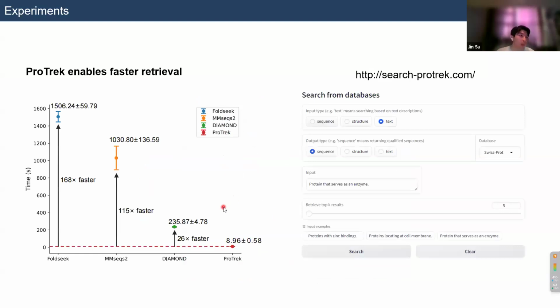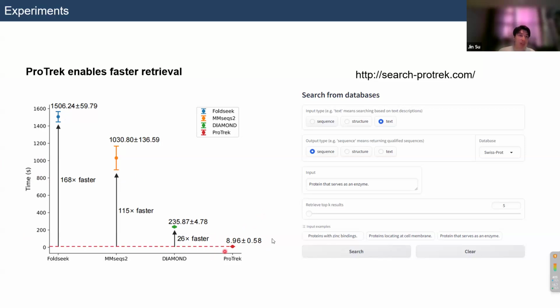ProTrek does retrieval based on embedding calculation. This strategy enables ProTrek to perform faster retrieval. Here we do the experiments. The time is the total cost of finishing 100 searches against a UniRef50 database.